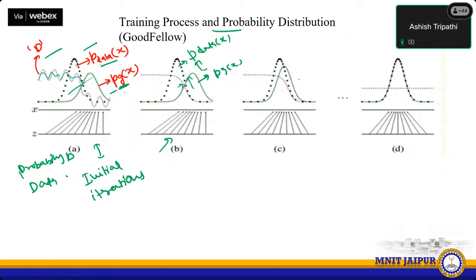At this point, this is coming even closer to this one, so it is now becoming difficult for the discriminator to discriminate. But after the course of time, if they have clearly overlapped, then it becomes very difficult for the discriminator to discriminate between the original and the generated data, because they are overlapped with each other.